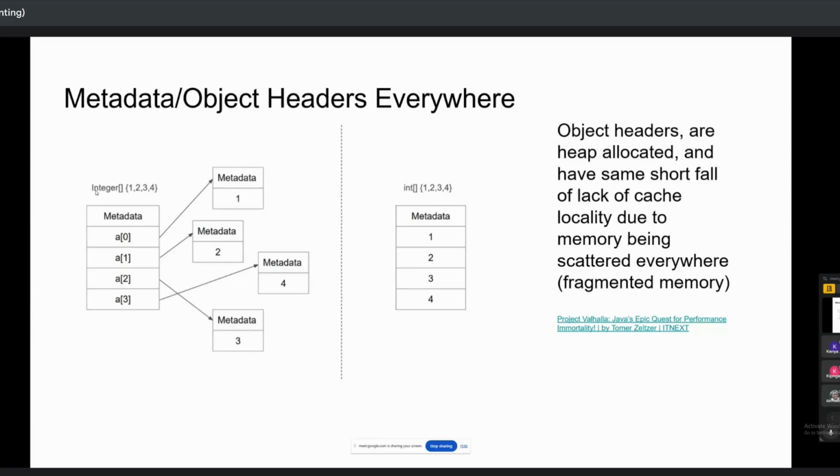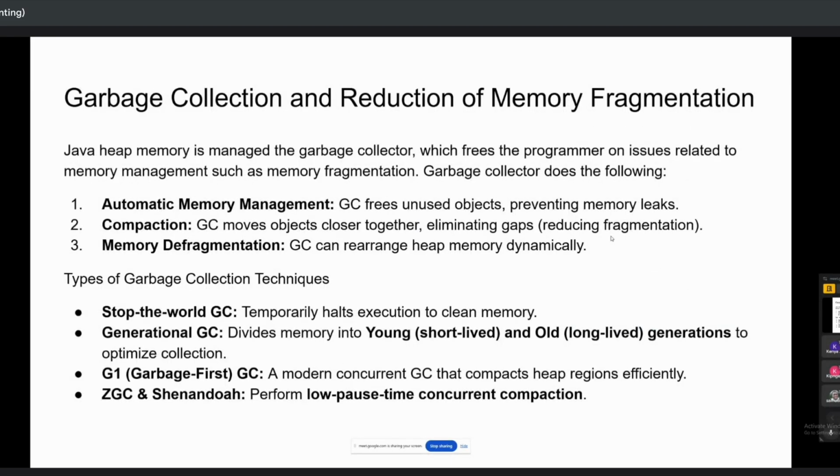But if you use the class Integer, each allocation has its own metadata, meaning it's heap allocated and memory is scattered everywhere, which reduces the performance of your Java program because there is no cache locality. So Java does automatic memory management, it does compaction, and it rearranges memory to avoid memory fragmentation.